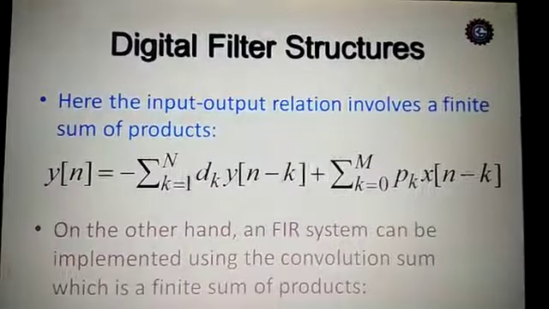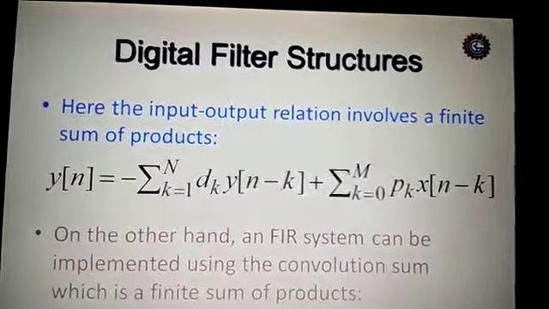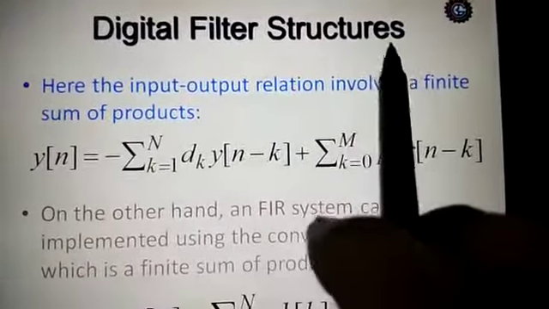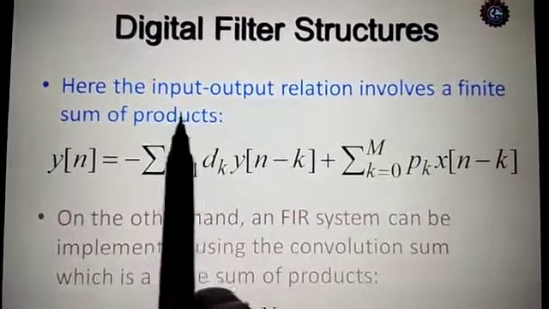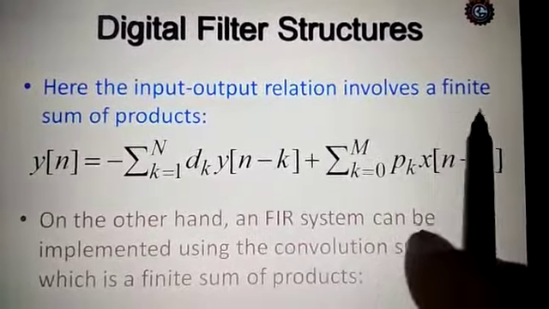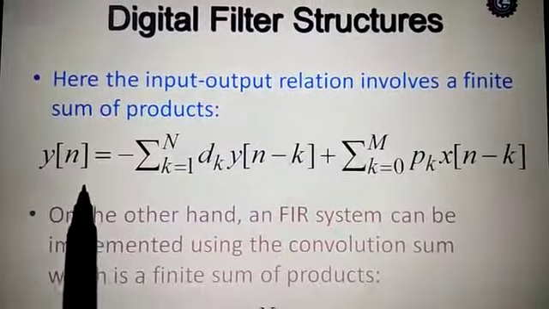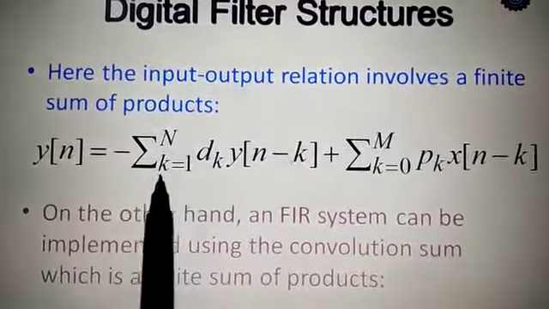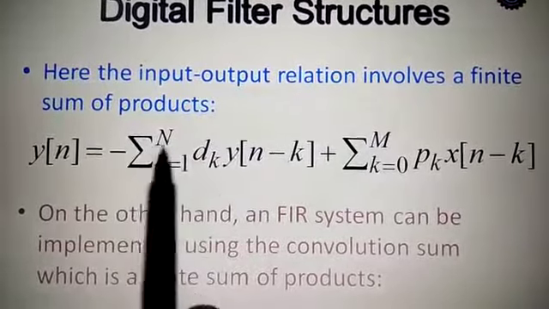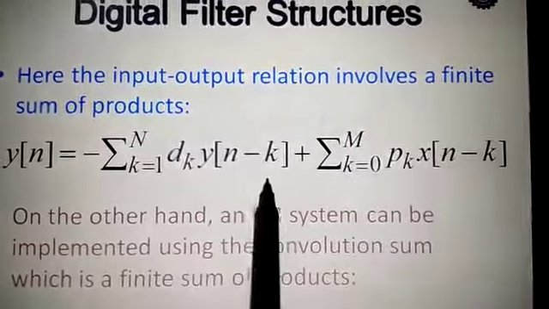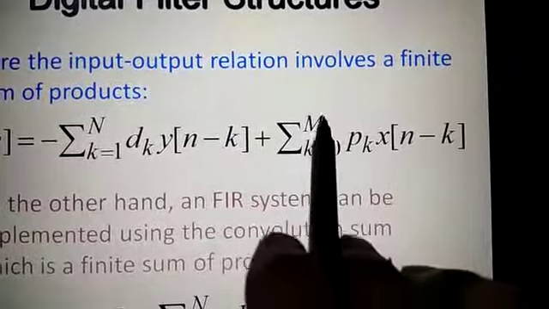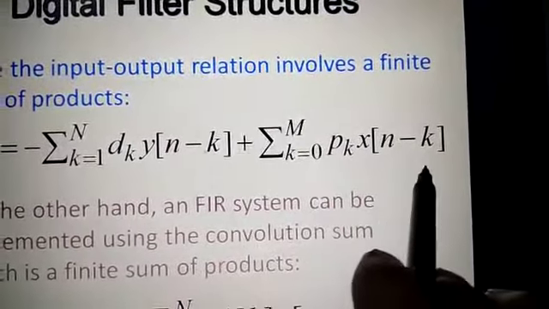We have already seen these digital filters. About the digital filter structure already we have studied. Here the input-output relation involves a finite sum of products, that is y of n is equal to minus summation k is equal to 1 to N d k y of n minus k plus summation k is equal to 0 to M p k x of n minus k.